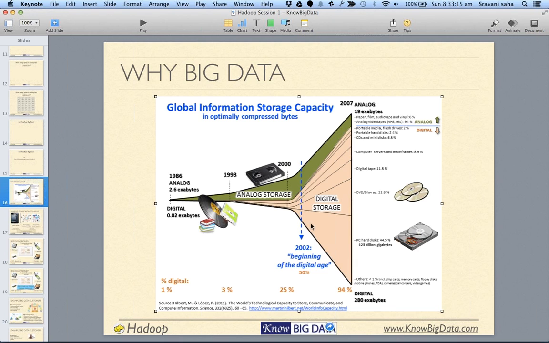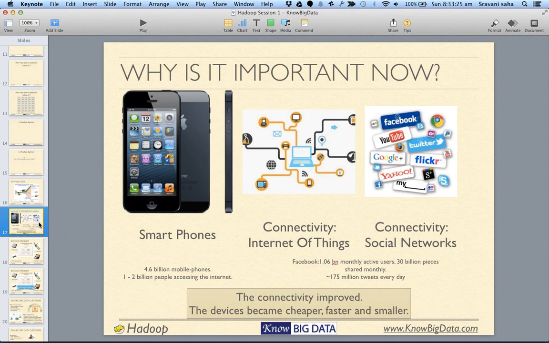All right. So in 2002, we mark it as the beginning of the digital age. And why is it so? In 2002, two things started happening. First, the devices, and second, the connectivity.